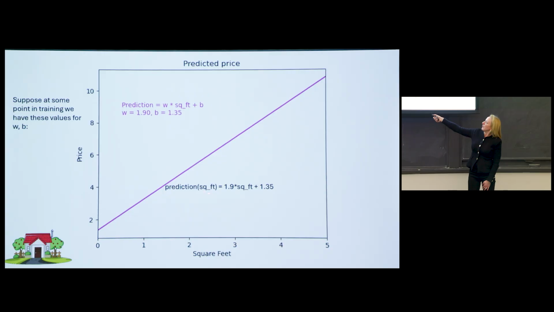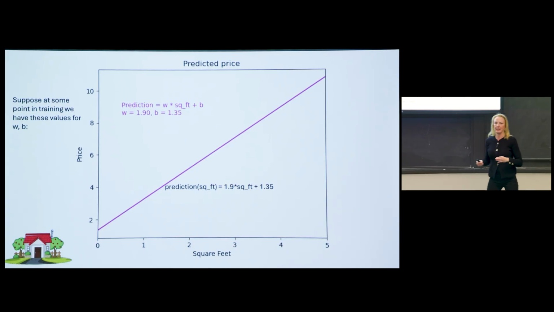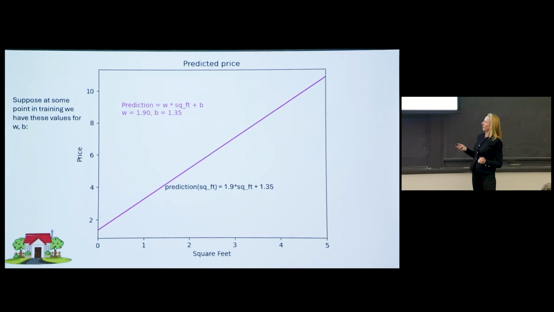So I can think about my prediction as a function of square footage. This is probably the most natural way of thinking about a prediction here. The square footage is the input, comes from the house itself, and then the model maps that square footage to a predicted price. Of course, ideally, you would consider more than square footage, but let's just keep this nice and simple and easy to graph. For this house, let's suppose that its square footage is in fact 3.5 thousand square feet.